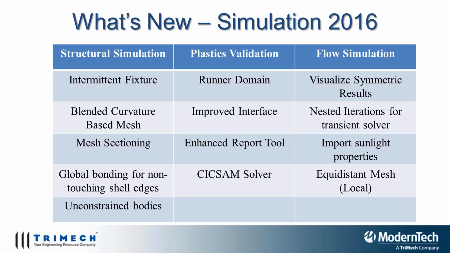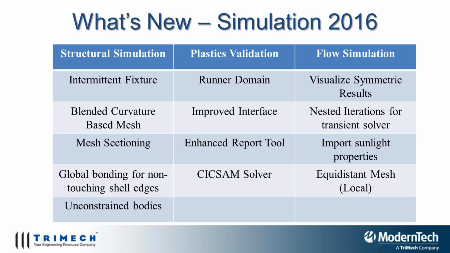With the plastics tool, the introduction of runner domain, the overall improvement in the interface, enhancement in the reporting tool, the really slick HTML version, and the 6M solver, which basically improves the accuracy and reduces the calculation time for injection molding simulation problems. Under flow simulation, we saw the ability to visualize symmetric results, the idea of nested iterations, which limits the number of iterations between every time step calculation in a transient solver.